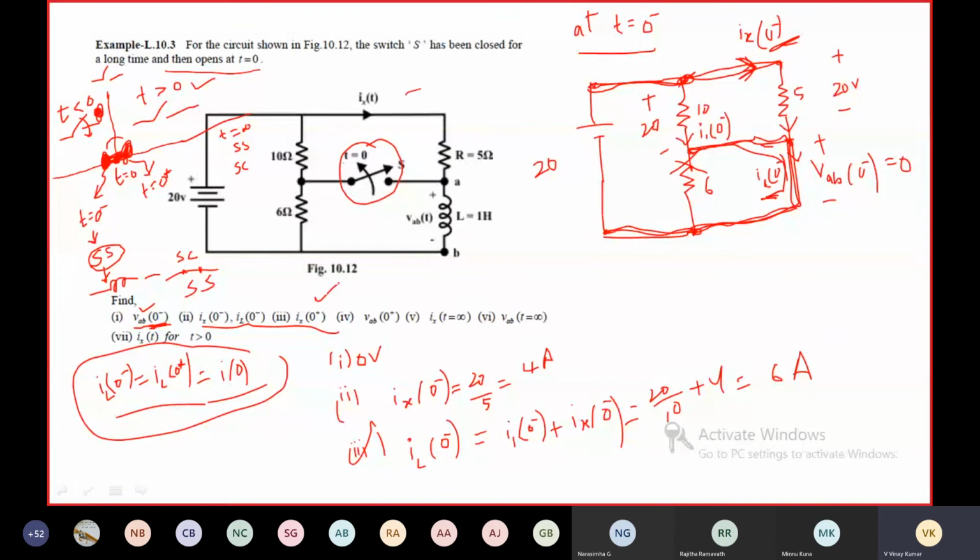Okay, now coming to Ix of 0 plus. If t is equal to 0 plus, what will be the circuit?